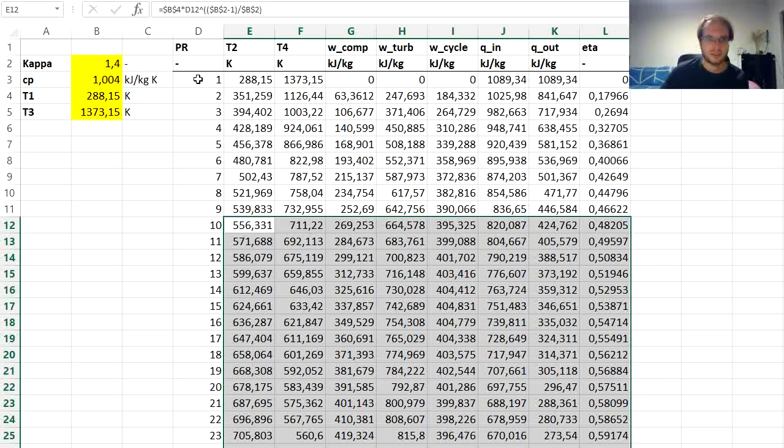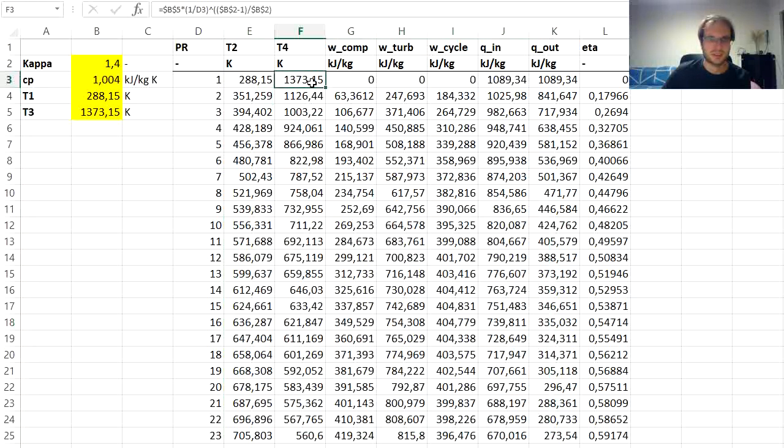Obviously for a pressure ratio of 1 there is no compression, the temperature goes down to T4, but no pressure difference, so no work of the compressor, also no work of the turbine, and therefore heat input and heat output are the same and the efficiency is 0.